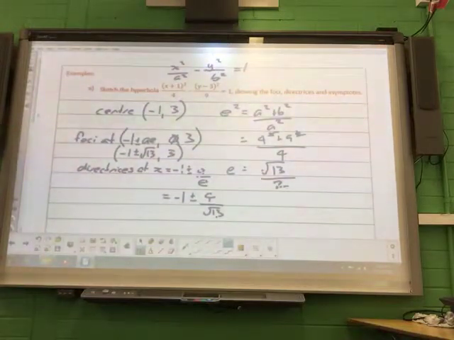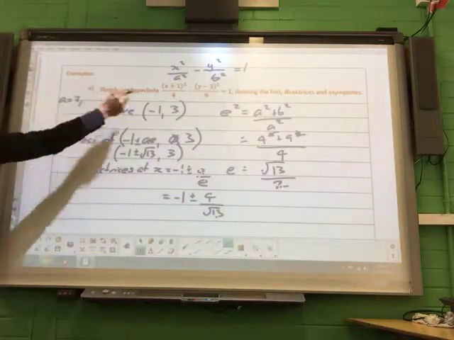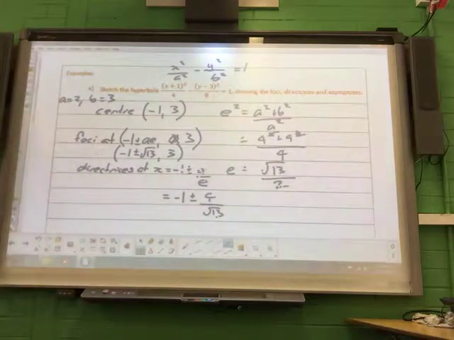Right, so we've got the centre at (1, 3). We know a is 2 and b is 3. So we're going to draw the rectangle. Remember the major axis is length 2a, and the transverse and conjugate axes for the hyperbola are going to be length 2 times 2 and 2 times 3.